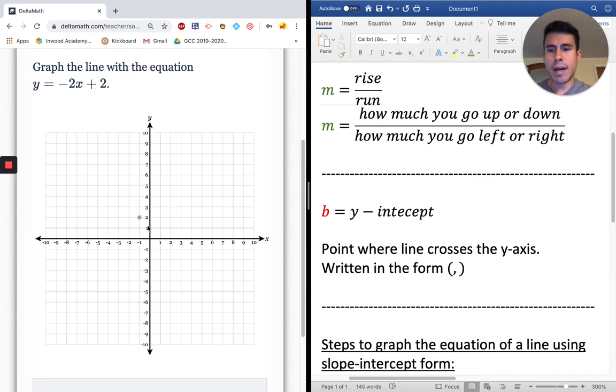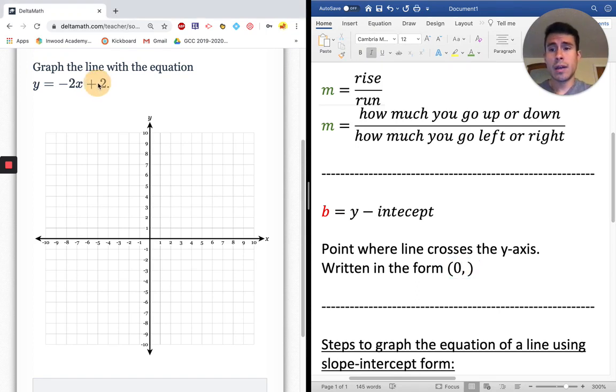All right, my x value is always 0. Okay, it's always 0. And now we need to figure out what the y value is. Well, this is very easy. It's just the number without the x variable. Okay, so in this case, my y-intercept b is positive 2.